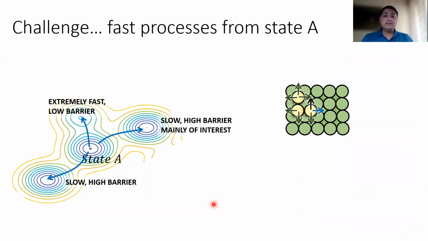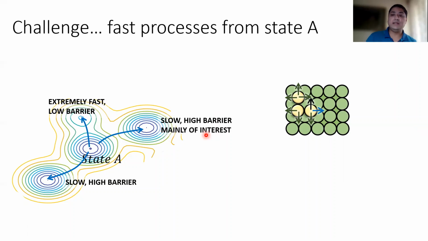Now, there is one more challenge which needs to be overcome while studying this silver example, which is that normally from a state, there can be several pathways. There can be some paths which are extremely fast because they are associated with low activation barriers. And then there could be other paths that are slow because there's a high barrier associated with them. And of these, maybe a few of these paths are of interest.